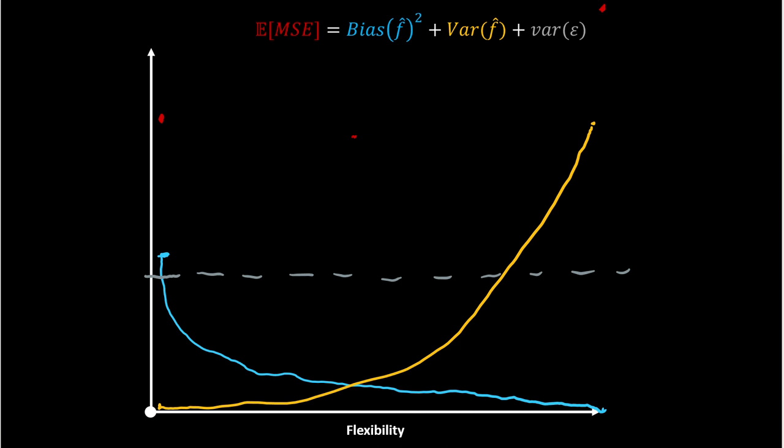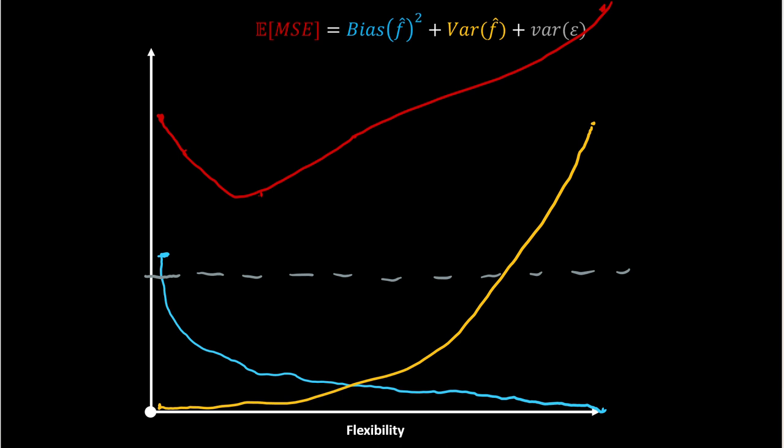And then just for good measure, I'm going to guess that the minimum error is taking place somewhere here. It's going to be irreducible error plus bias plus variance. This isn't very exact by any means, but what's important is that the mean squared error is just going to be the sum of the other three components at each point. So it might look something like this.